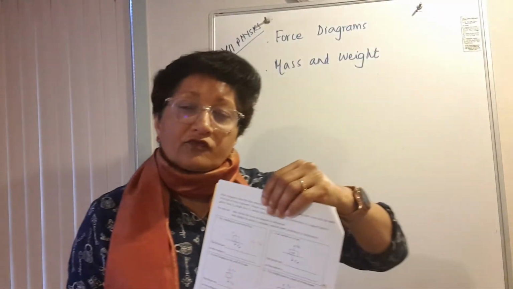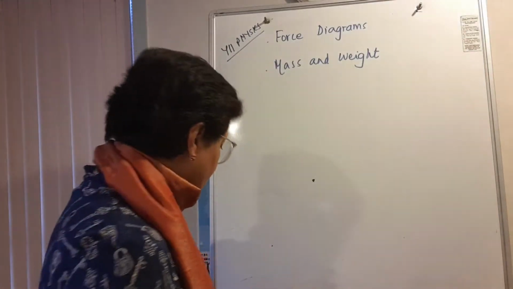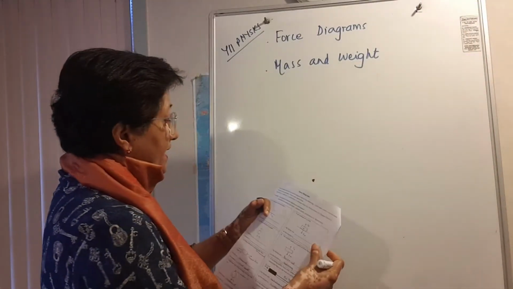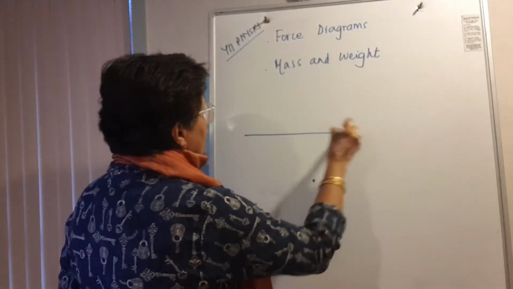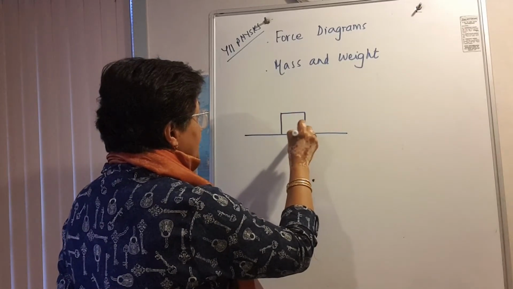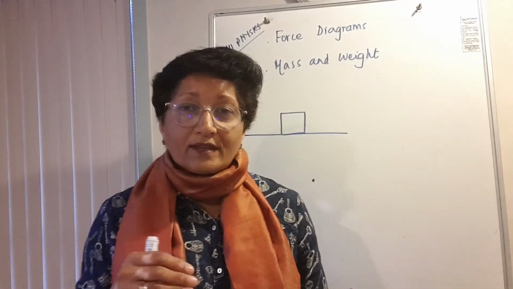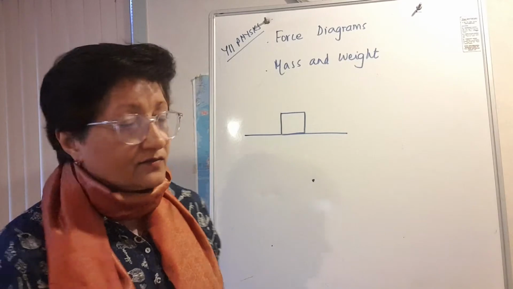So when we draw a force diagram, we just draw the object as a box. So for example, for the first one, where you are standing on a horizontal floor, so there's your floor, and you, the person, you just draw a box that represents you, and there are two forces acting. So there is your weight force pushing on the ground, and there's a reaction force equal and opposite from the ground.